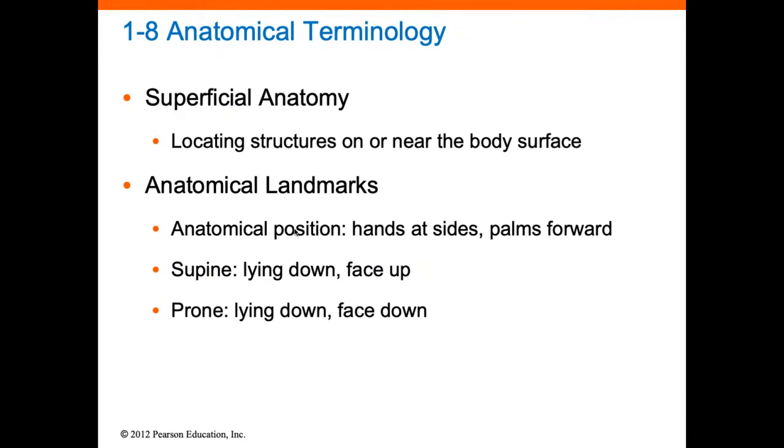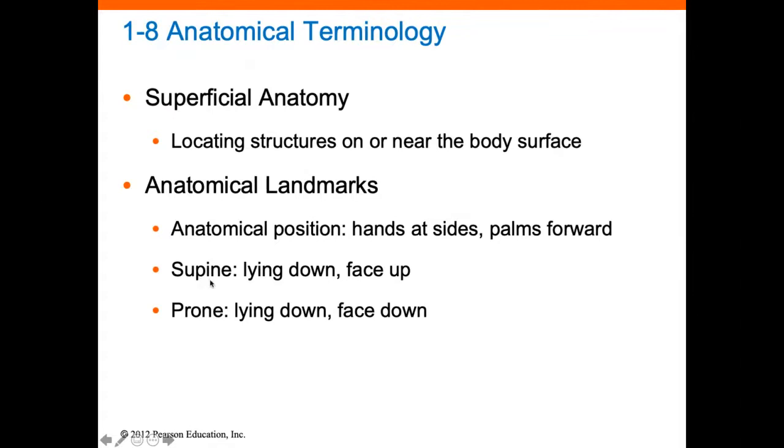Superficial is looking at the skin surface, and deep is when we start peeling away layer by layer and looking deeper below the skin. When we talk about anatomical landmarks, the position that we saw before was anatomical position: standing with the feet flat on the floor, hands at the side, palms facing anterior, which also means facing forward.